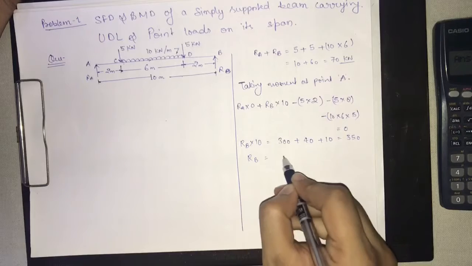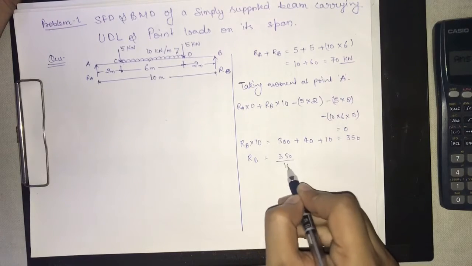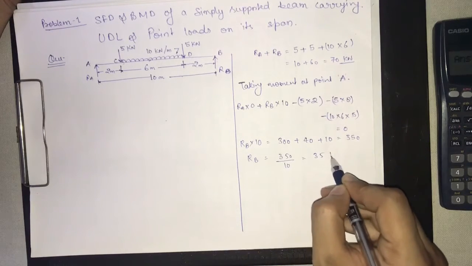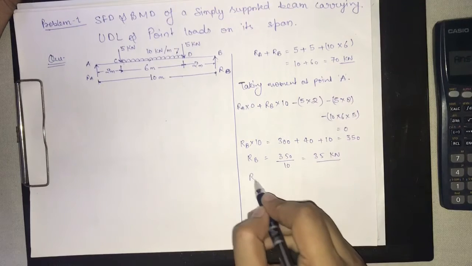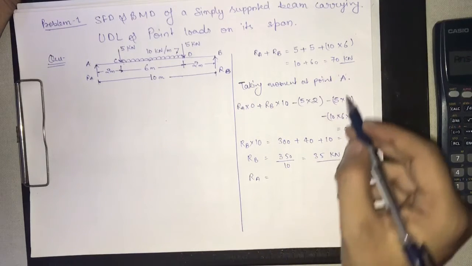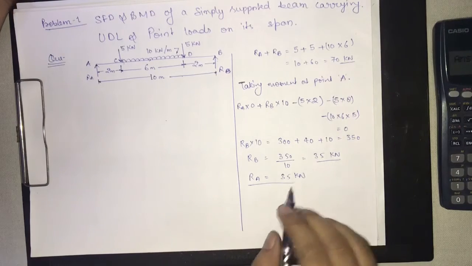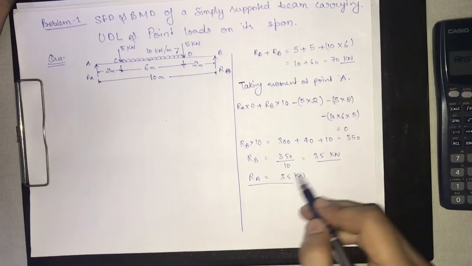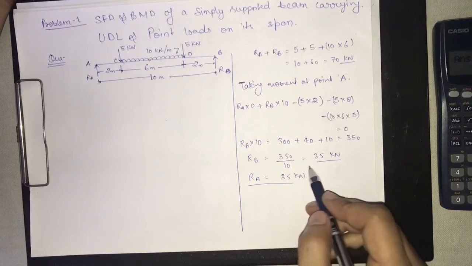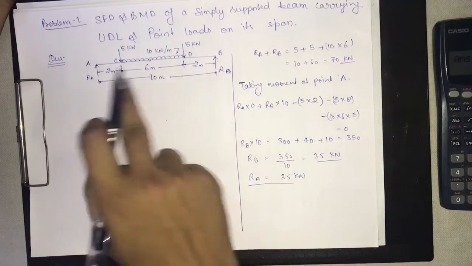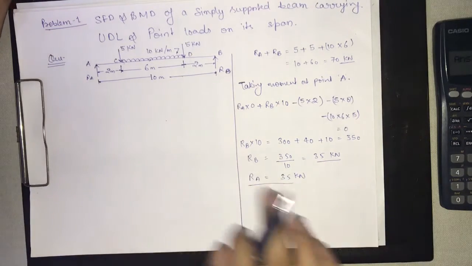So RB is equal to 350 upon 10, that is 35 kilonewton, and similarly RA is also 35 kilonewton as the beam is symmetrical and the total load is 70. So half of that load will be distributed to both of the reactions.